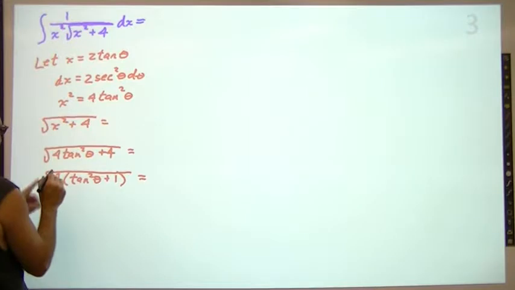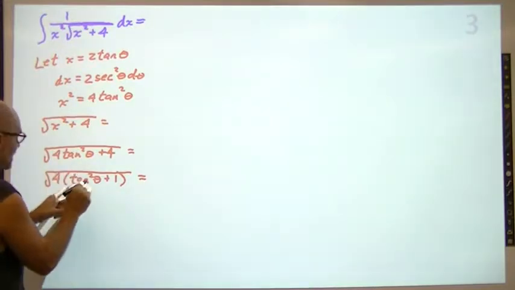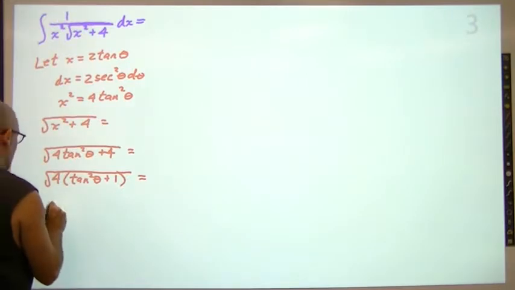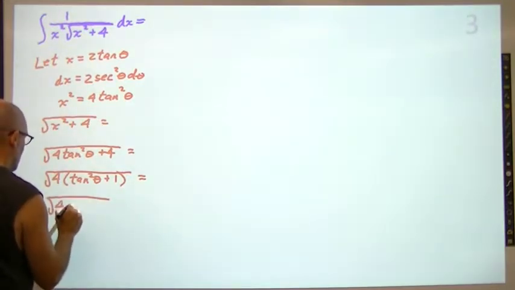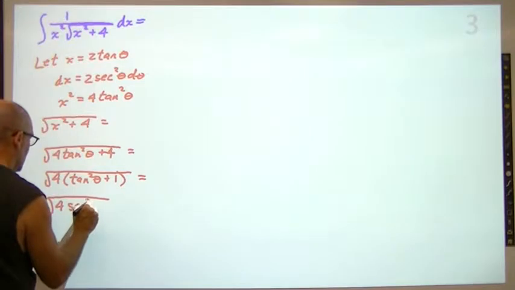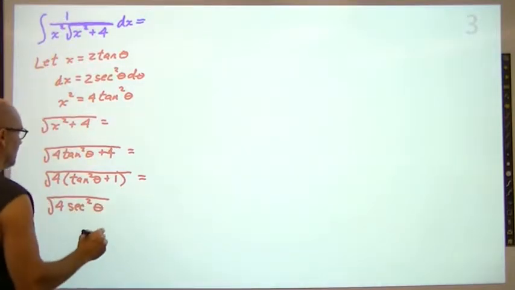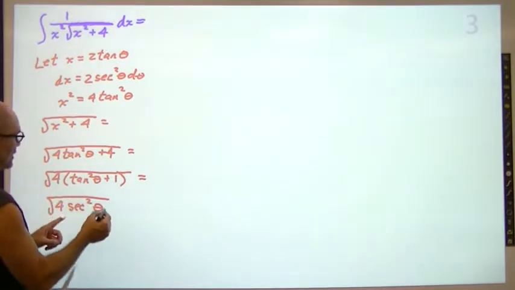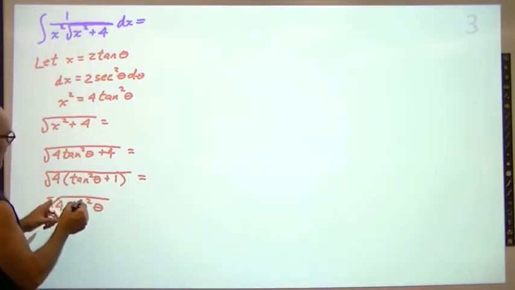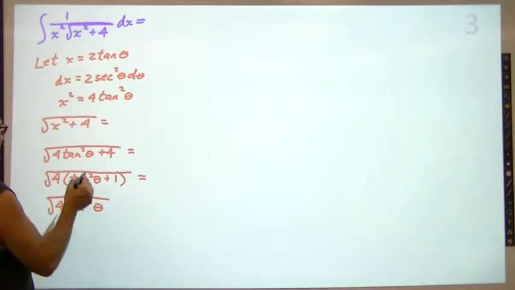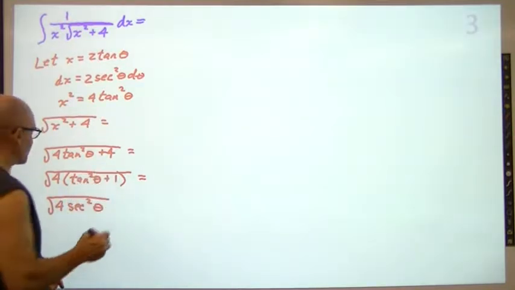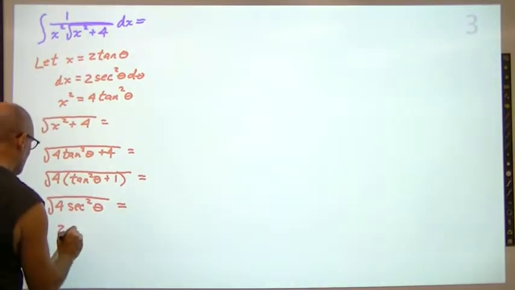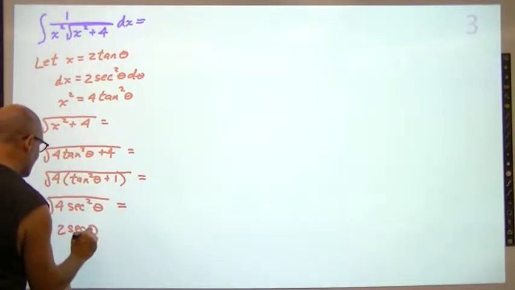And so the tangent squared theta plus 1 becomes secant squared theta, because secant squared minus tangent squared is 1, so that means secant squared equals tangent squared plus 1. And finally, we take the square root, so we end up with 2 secant theta.